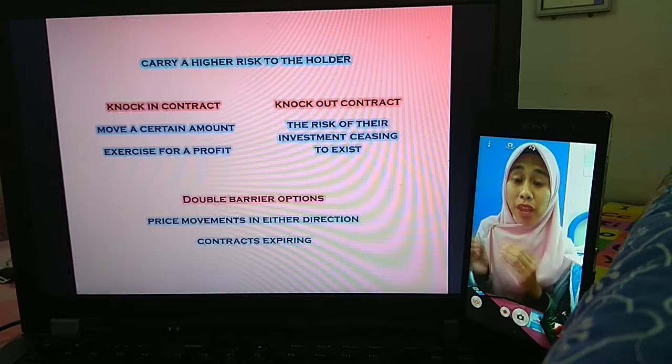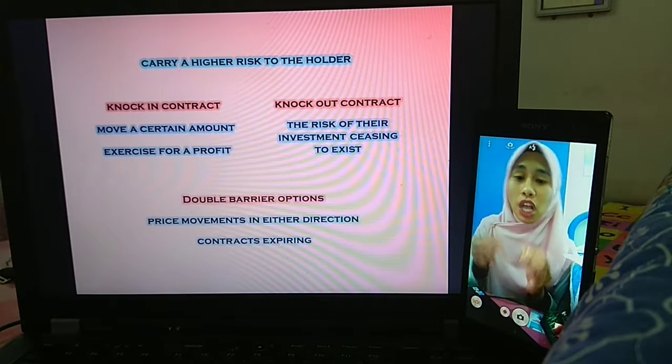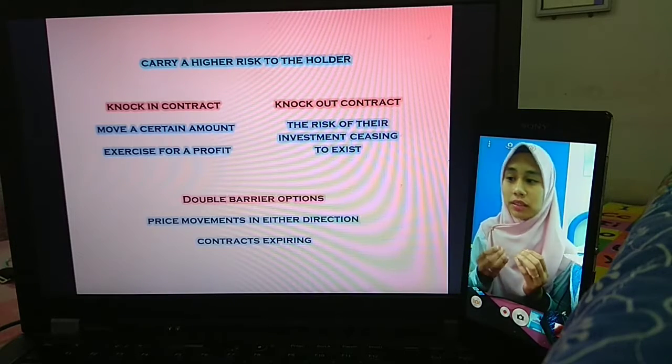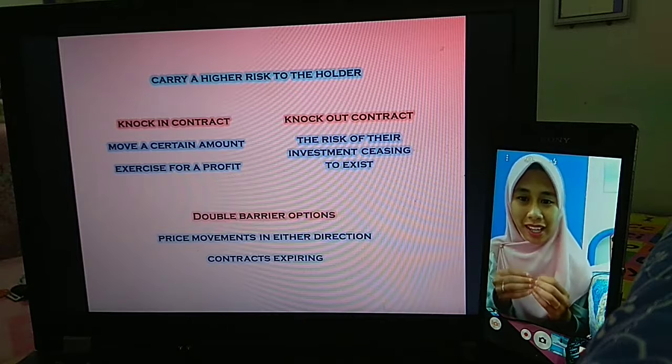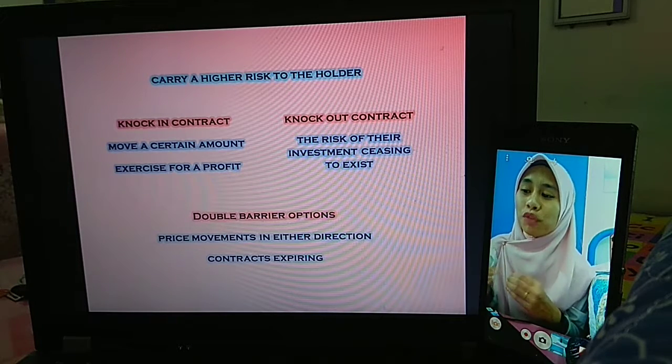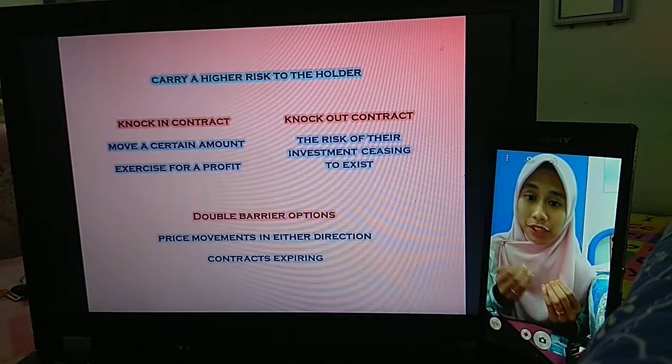So, barrier options carry a higher risk to the holder as compared to a standard option. In a knock-in contract, it is required that the price of the underlying asset move a certain amount for the option to be exercised for a profit.